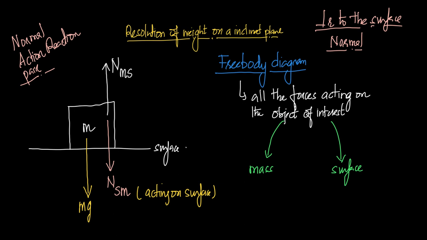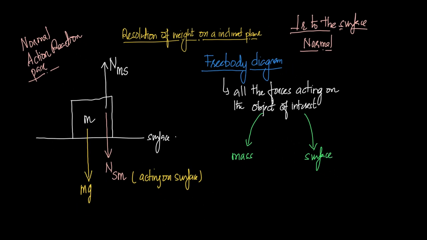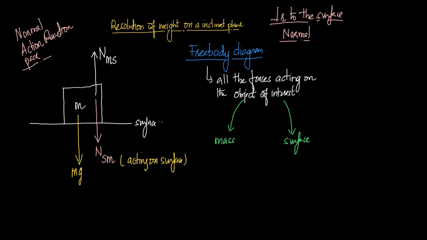I repeat that once again. The normal reaction acting on the mass due to S has an equivalent opposite normal reaction acting on the surface due to the mass. Now let us try to understand the free body diagram. When we say free body diagram, if the object of interest is the mass, how many forces are acting here?